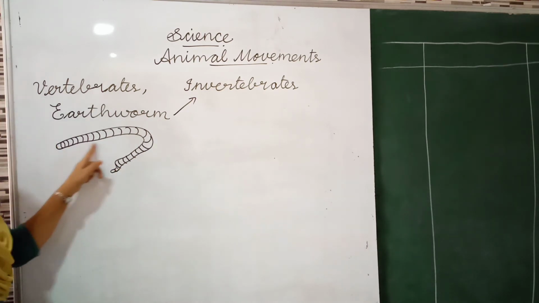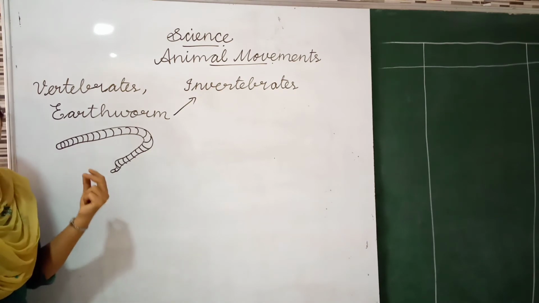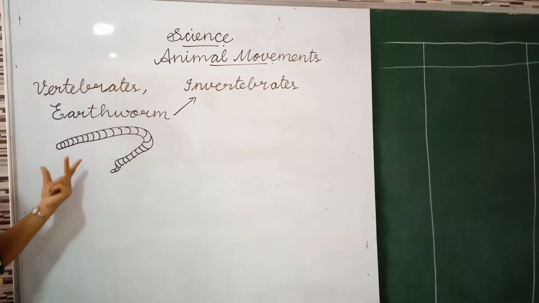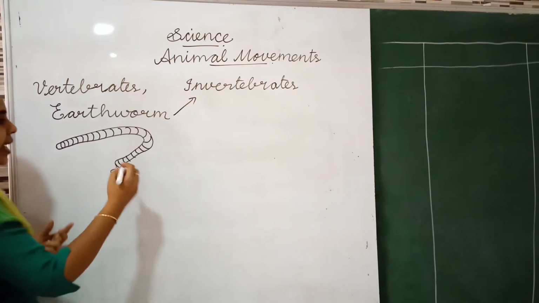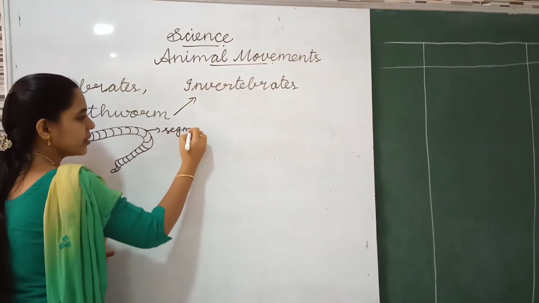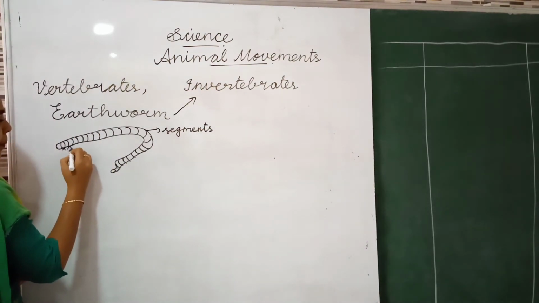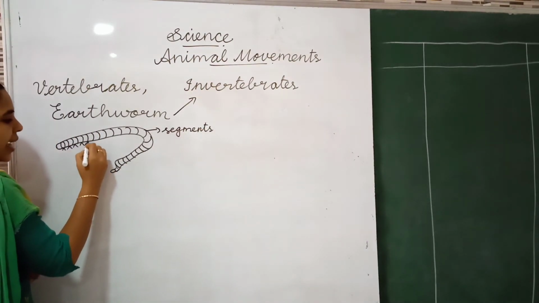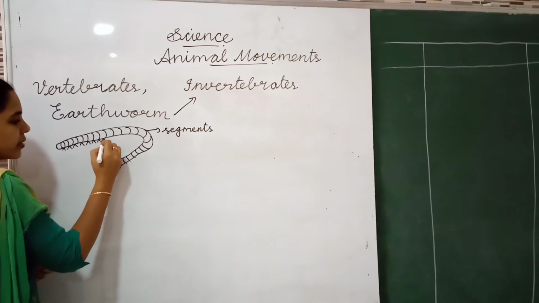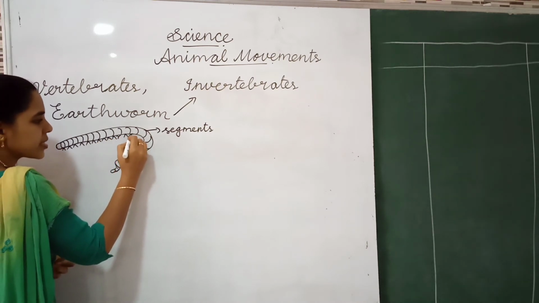Next, under these earthworms, they have small hair-like bristles. Here, pairs of small hair-like structures are called bristles.